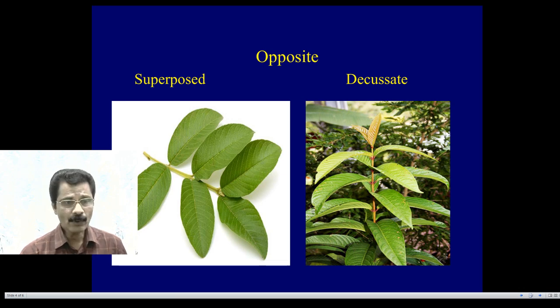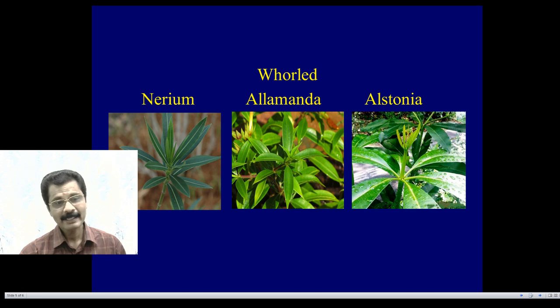The next one is whorled phyllotaxy. What is whorled phyllotaxy? More than two leaves arise at each node. As in the case of Nerium, there you can see three leaves arise at each node.